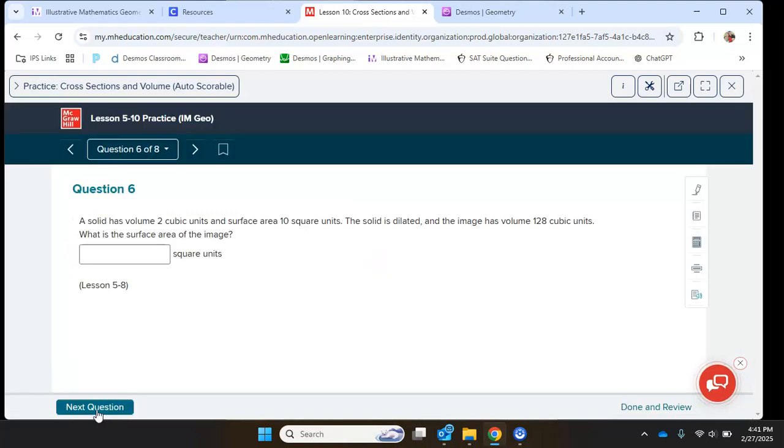Question 6. A solid has volume 2 cubic units and surface area 10 square units. The solid is dilated and the image has volume 128 cubic units. What is the surface area of the image? All right, they give us a volume beginning at 2 and it's dilated to 128.